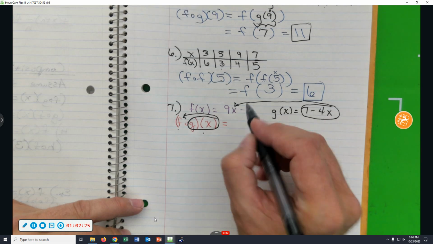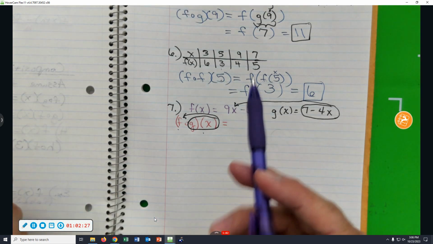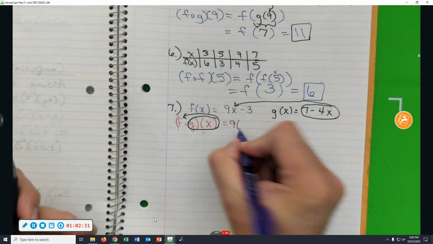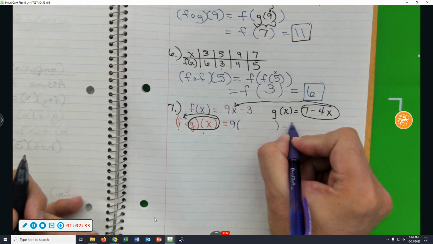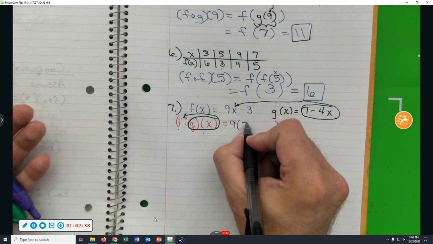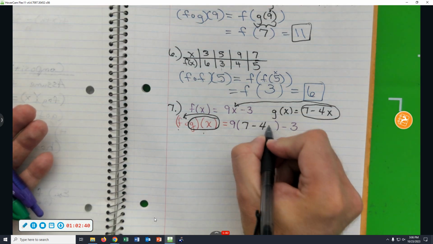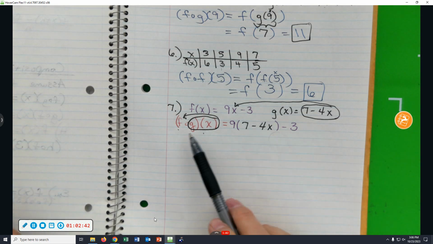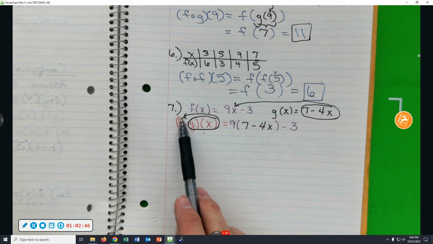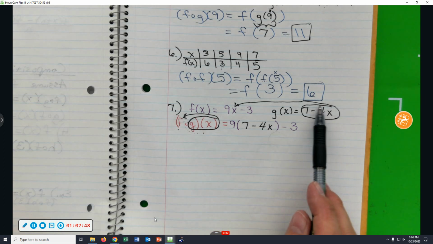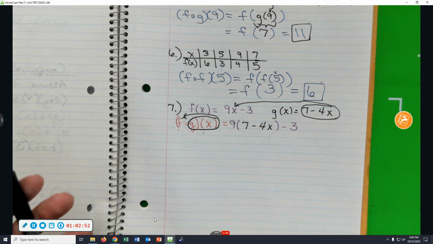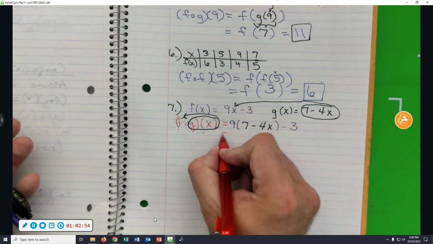So in place of that purple x, I'm going to put all that black function g, 7 minus 4x. So g of x, I'm plugging into f. Now what can I do to simplify that?